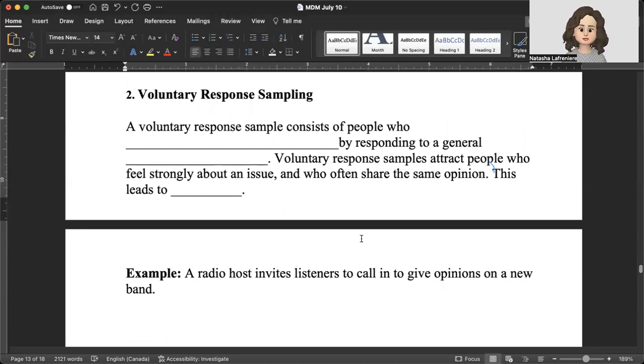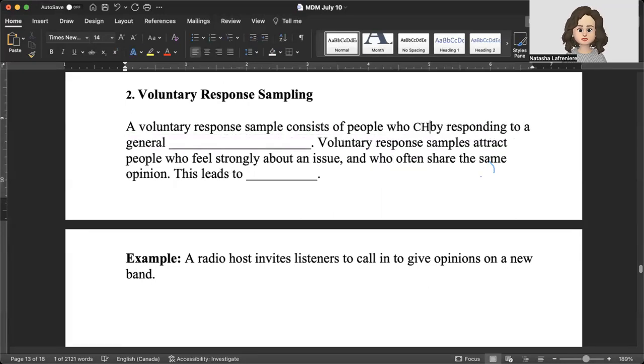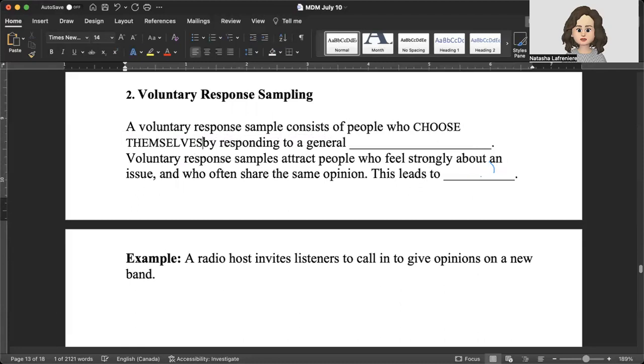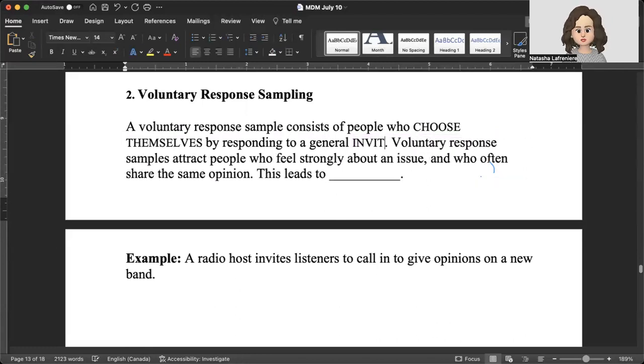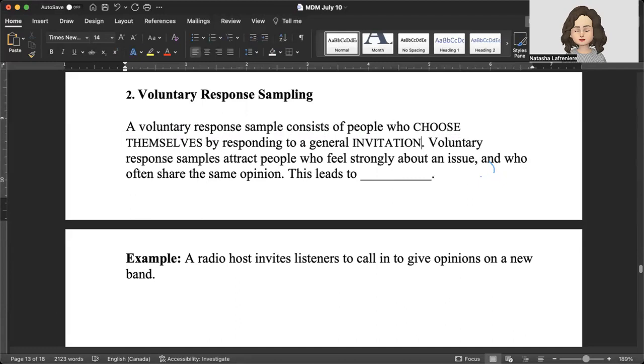A voluntary response sampling consists of people who choose themselves, so they volunteer to be part of it. So there are a lot that will pay you money to do their samples. There's actually a website where you do get paid for it by responding to a general invitation. Voluntary response samples attract people who feel strongly about an issue and who often want to share their opinion.